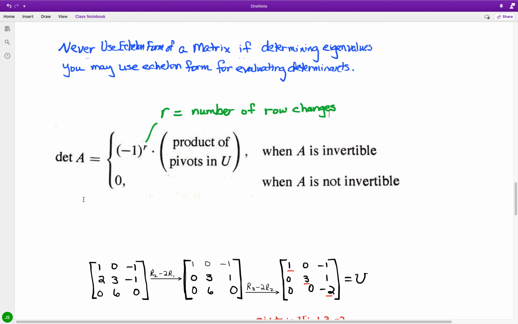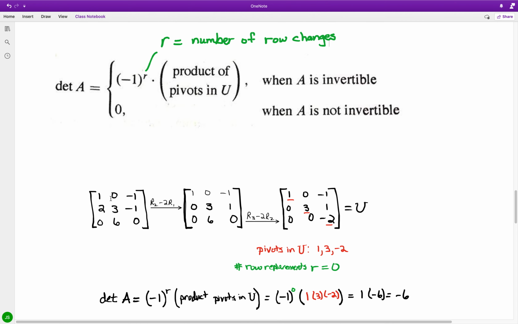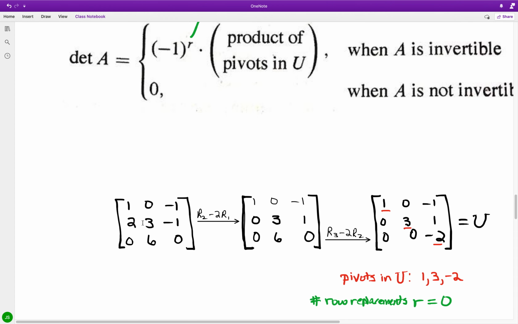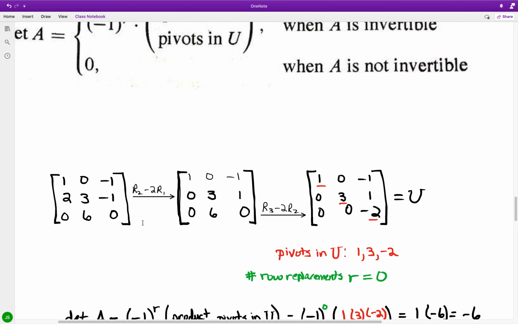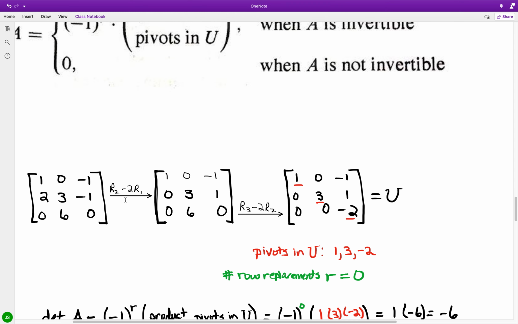Now, let's look at the matrix A, where we had 1, 2, 0, 0, 3, 6, -1, -1, 0, and put this in echelon form. I want the first column to be not 1, 2, 0, but 1, 0, 0.